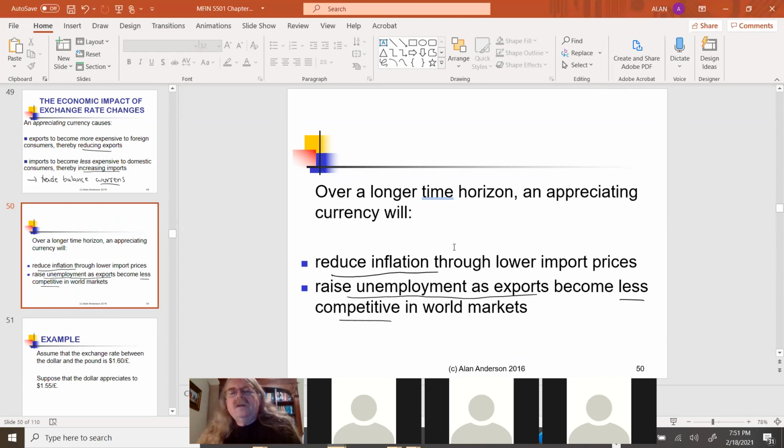So there's always going to be good things and bad things. It's never going to be the case that a change in the exchange rate is universally good or bad. There'll be some benefits and some costs, just like everything else in economics. There's always a trade-off. It's rare that anything brings unalloyed benefits or costs.